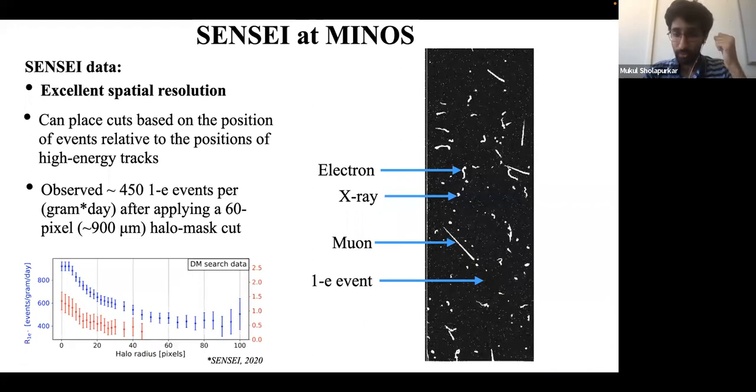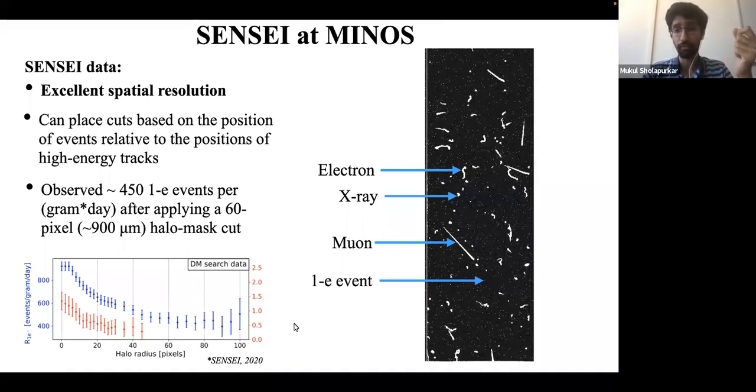So after doing this analysis and removing about 60 pixels, or roughly 900 micrometers area around these high energy tracks, Sensei still observed a very large event rate of about 450 one electron events per gram day, which was surprisingly high, and could not really be attributed to any known or previously considered mechanism as a background.